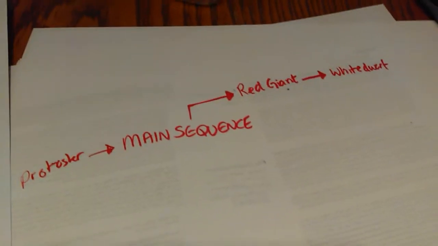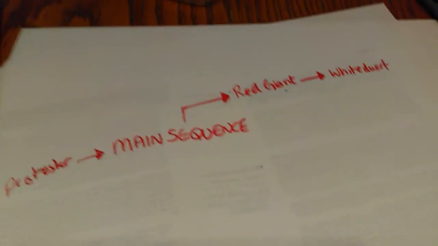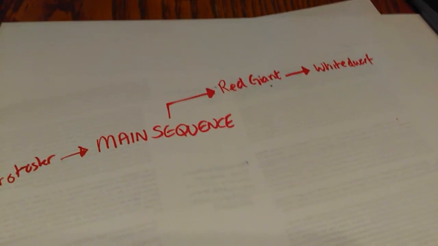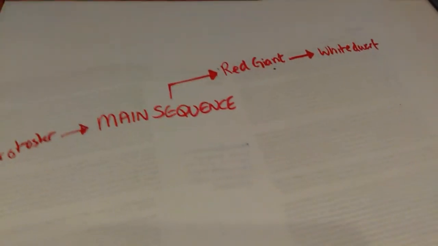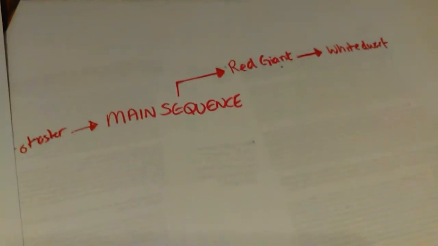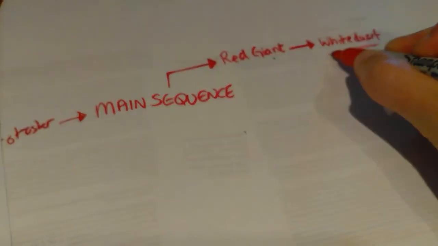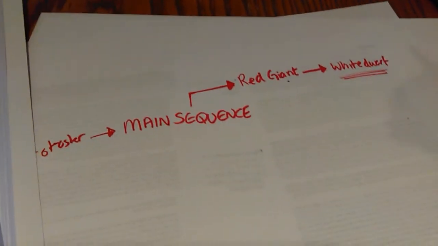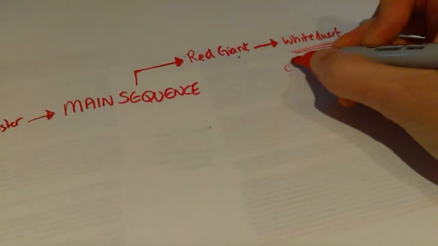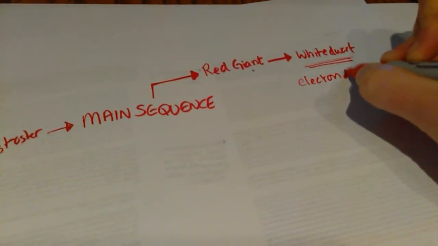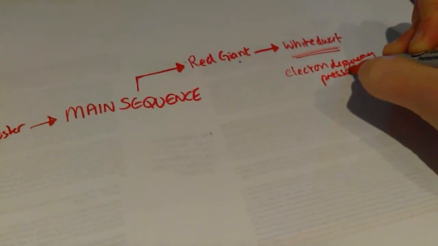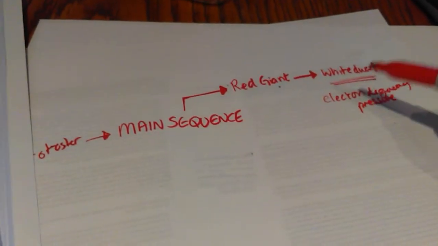Because you're sure where they are, you can use the Heisenberg principle, which isn't in the A-level course, and there's a massive gain in momentum. Because of that, there's a large pressure, and that's what supports white dwarf stars. So you've got gravitational forces pulling in, but electron degeneracy pressure pushing out. And that's why you can have a white dwarf.